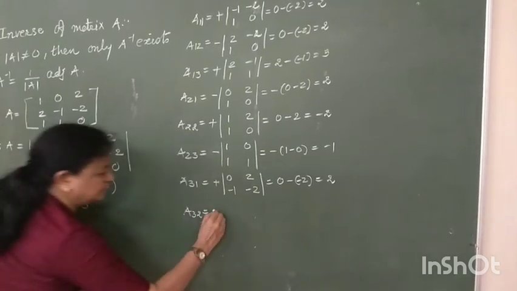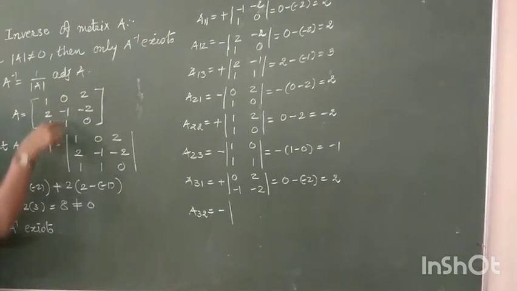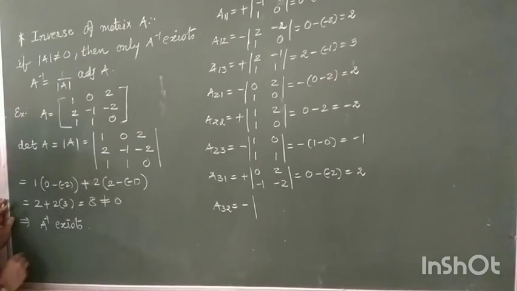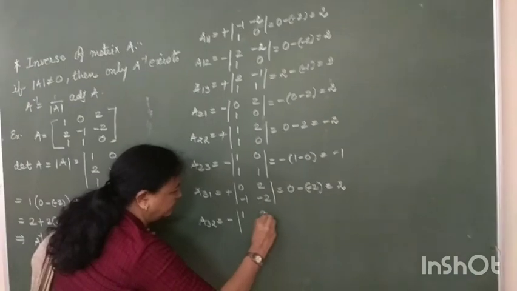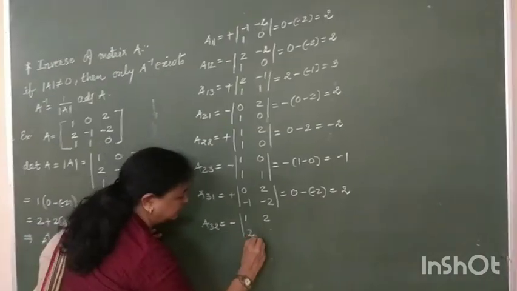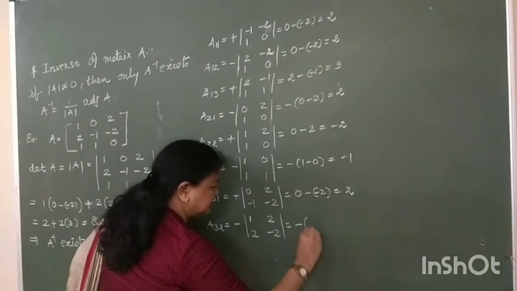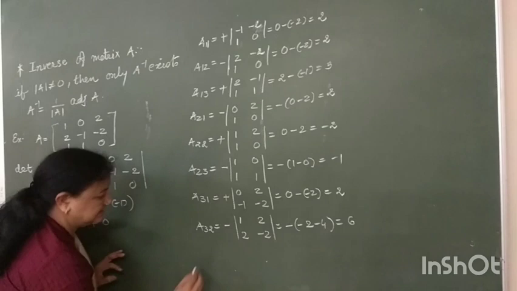A32 negative, third row second column removed, 1 2, 2 minus 2, so minus minus 2 minus 4, answer is 6.